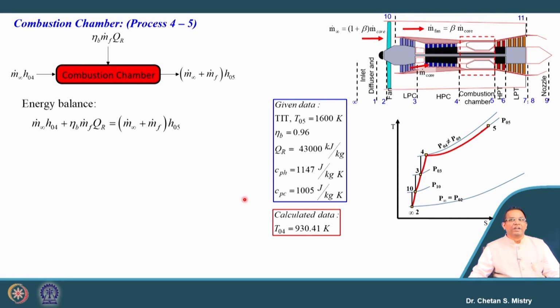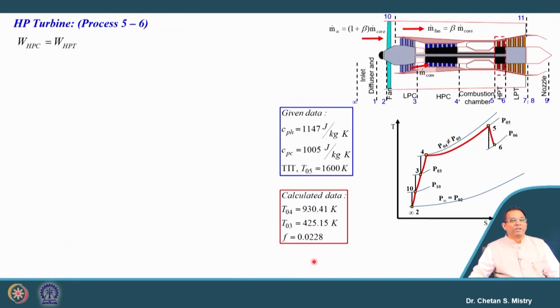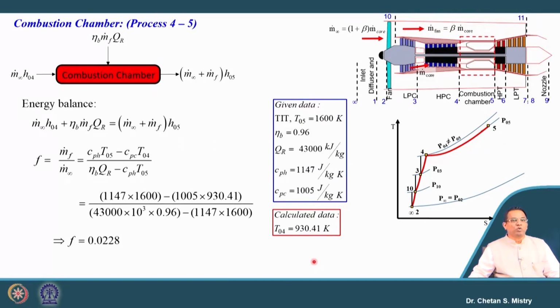It is represented as m dot core into H04, which is my input energy, plus the fuel, and the exit is m dot core plus mf into H05. If we put in the equation, that gives us the fuel air ratio to be 0.0228.